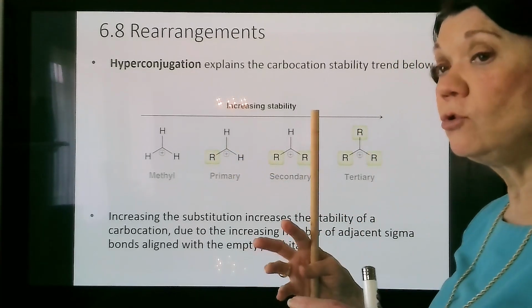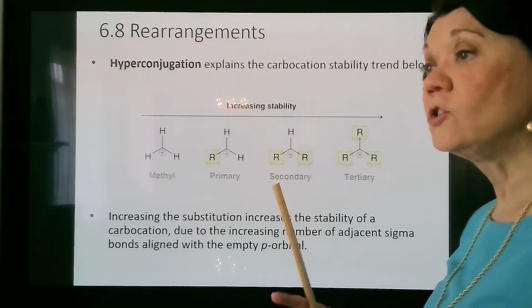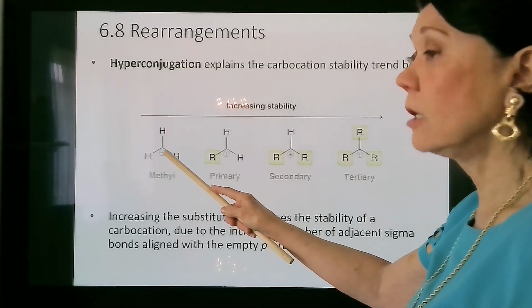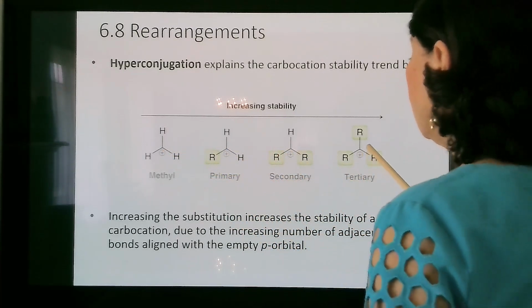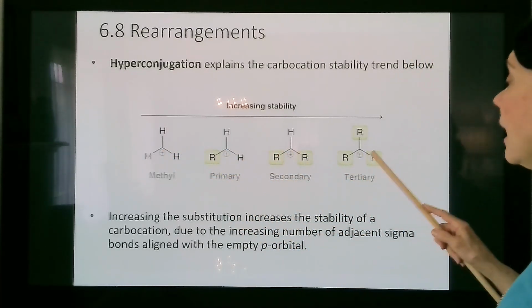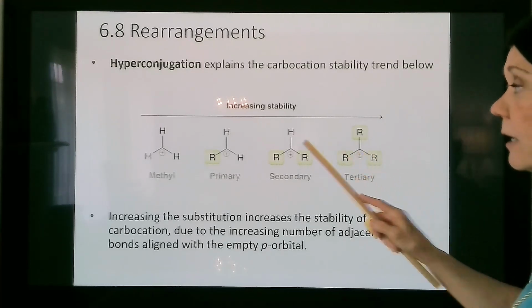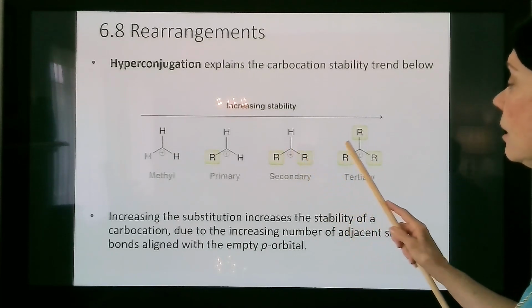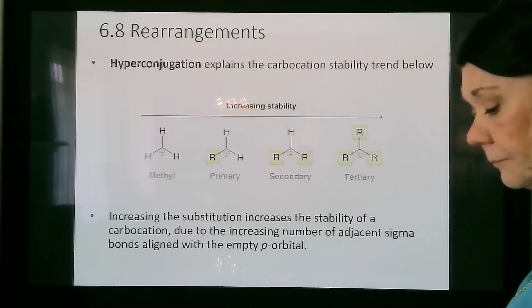And remember, anything that you do to spread out a charge stabilizes the system. So methyl, the charge is not spread out at all, and you go over here to this tertiary carbocation, and the charge is significantly spread out. So here you're increasing the stability as you increase the substitution.